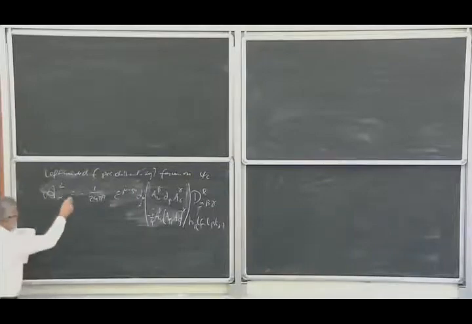Okay. One other comment: we got this from this one loop computation, and you may ask yourself, okay, this is one loop, why not look at 2 loops, 3 loops, any higher loops?